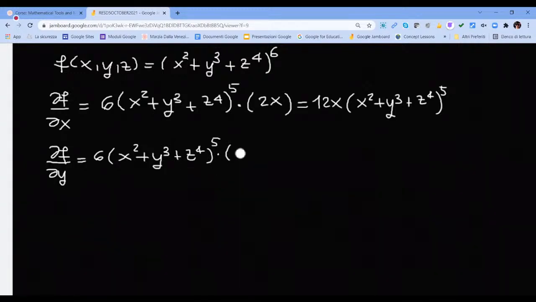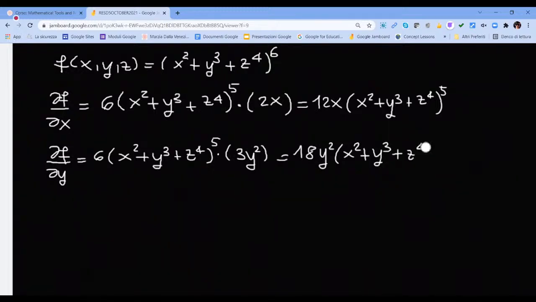So we have this time 3y squared, and everything else derived will be 0, because everything else is considered a constant. So we obtain 18y squared multiplied by x squared plus y to the third plus z to the fourth power.